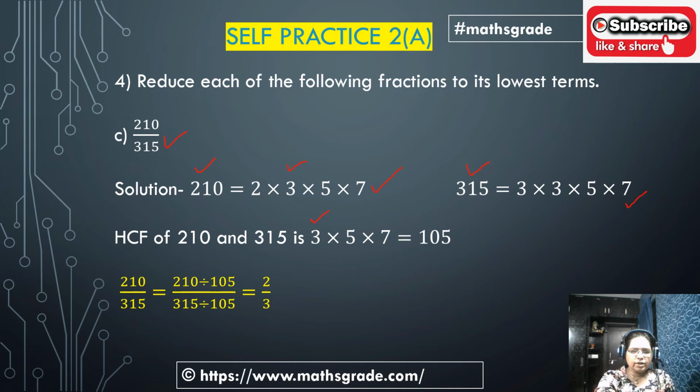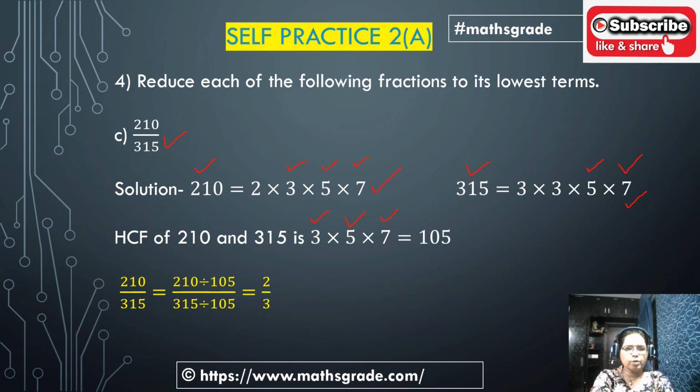And in 210 there is only one 5, and in 315 also only one 5, so write down 5. In 210 there is one 7 and in 315 there is one 7, so write down 7. So the common factors between 210 and 315 are 3, 5 and 7.